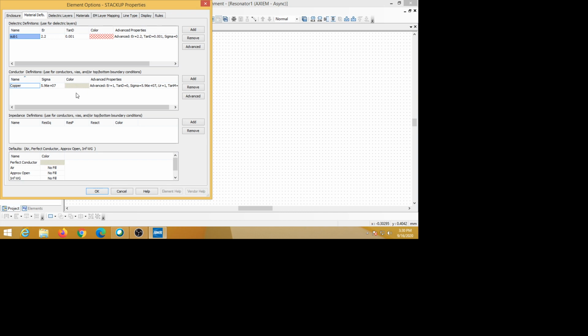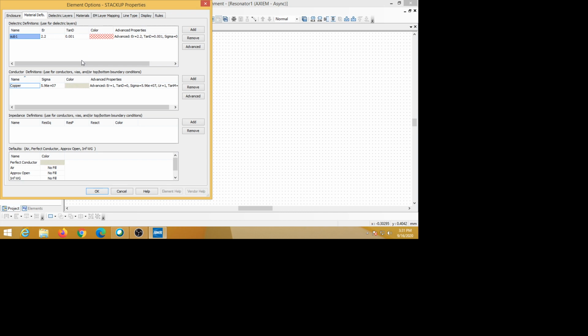Top and bottom metallization is copper, and between the two metallizations there is the dielectric material, that is substrate 1. So this is enough for our microstrip structure. Okay, so this is one.